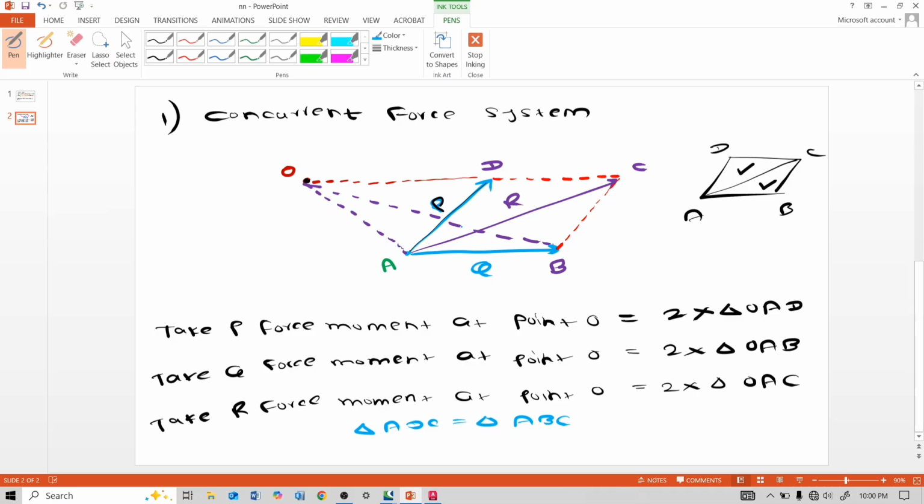Again, see that this AB is the base, and this OAB and this OACB. So this OAB and this ACB will also be the same. So triangle OAB is equal to, because their base is the same, that's why they are the same, ABC.